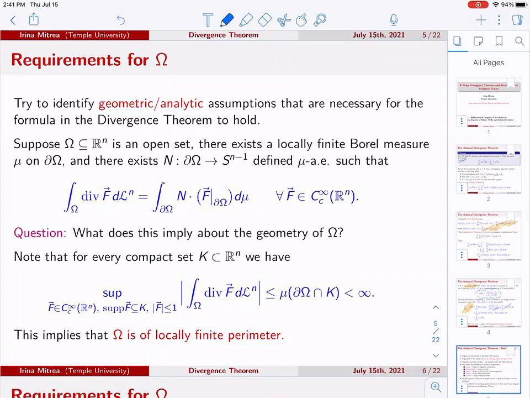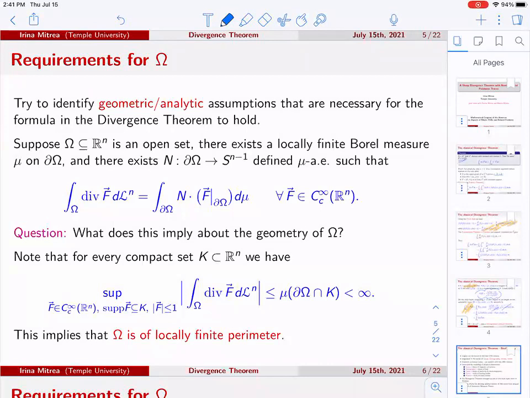So I would like to impose minimal geometric assumptions on the domain omega and minimal analytic assumptions on the vector field F that make the divergence formula hold. And I'm going to walk you through a series of examples that are going to illustrate the necessity for some of the requirements that we're going to have in the main theorem.